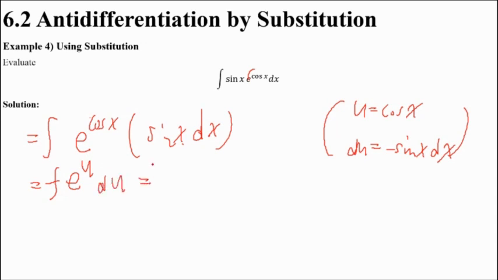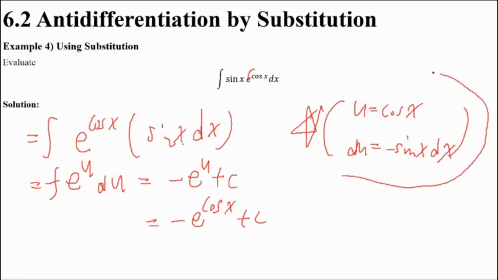So the integral of e to the u is negative e to the u plus c. And what's the u? Negative e to the cosine x plus c, right? So simply we substitute, kind of chain rule, right? Find the answer. Understand? Maybe one more, okay?